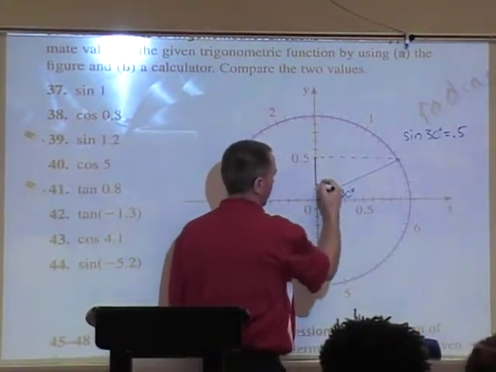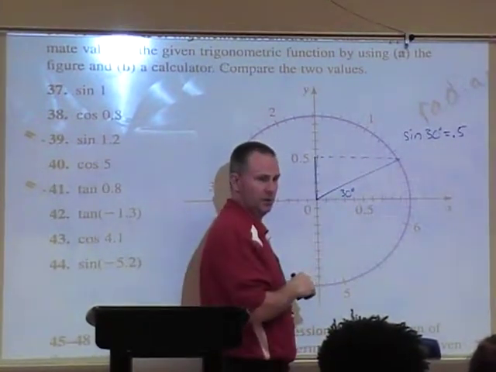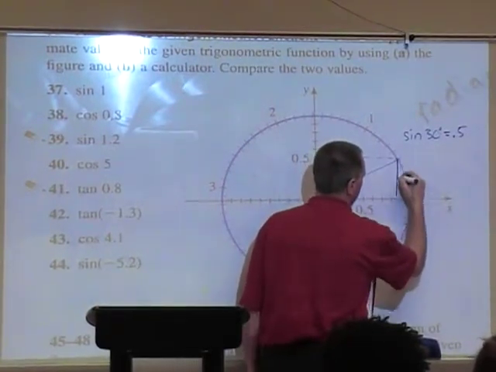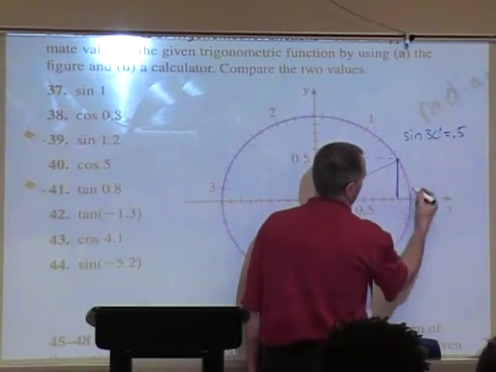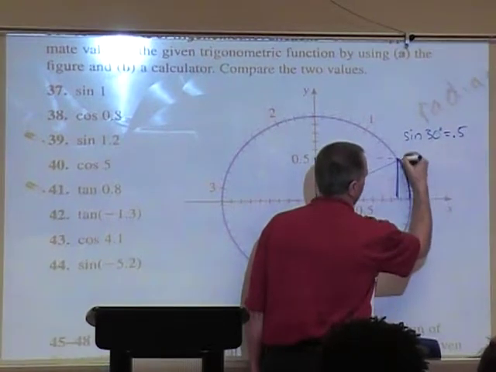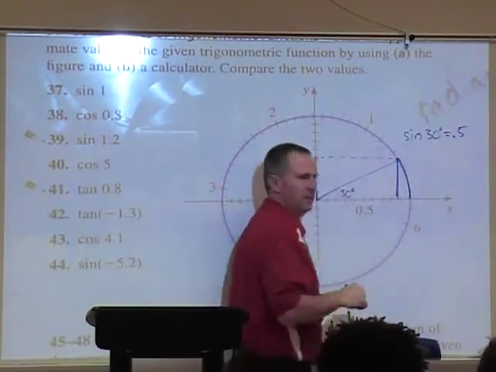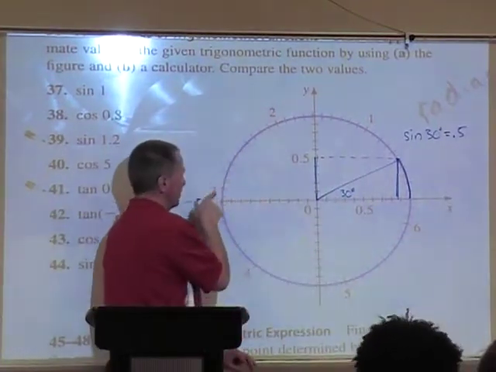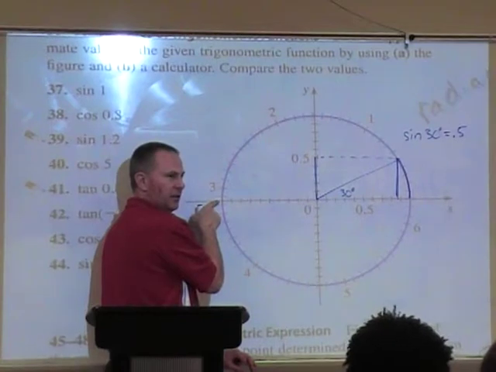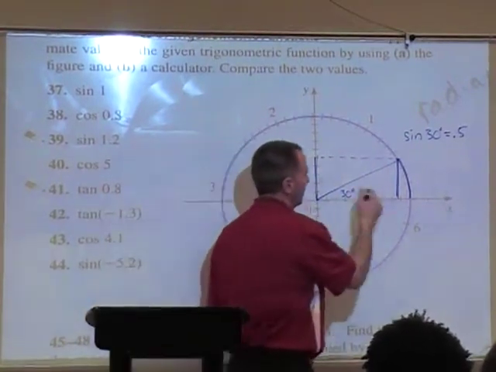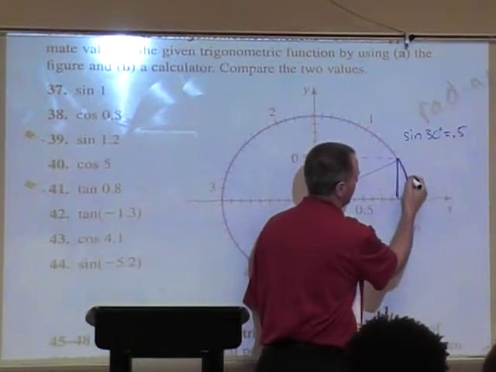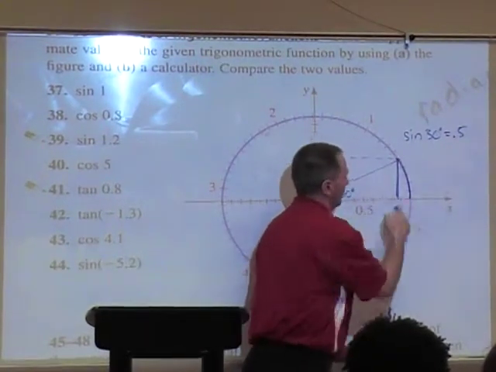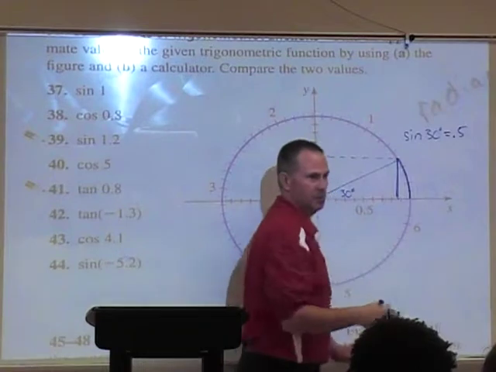Now, 0.5 is how high it is, right? It's the y value of that coordinate. That's this piece right here. This is what we call radians, the actual distance around the circle. If we go all the way down over here, this is 3.14. So if I want to know what this distance is, if this is 1/2, it has got to be a little bit more because it's curved.